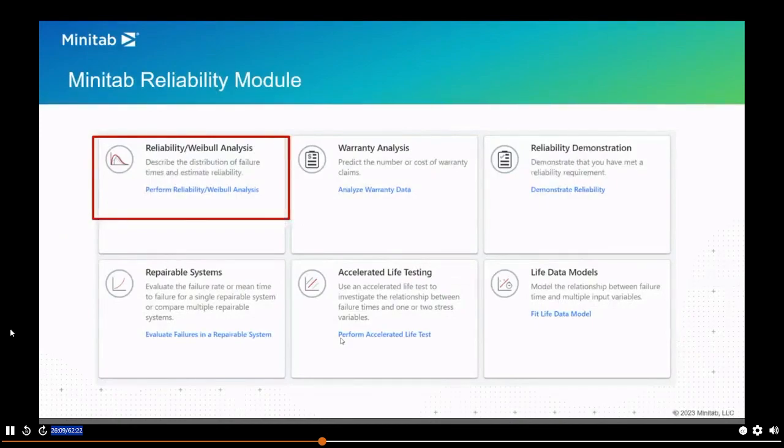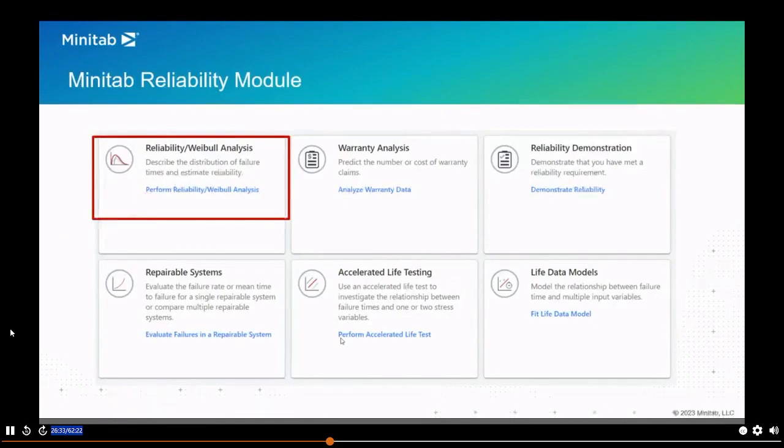Sometimes we call it a Weibull analysis, because most of the time with reliability data, the most common distribution is going to be a Weibull distribution. Just like in almost every other thing in statistics, most commonly we use a normal. In reliability, we almost always use a Weibull distribution, and we'll talk about why, but it's also called Weibull analysis.